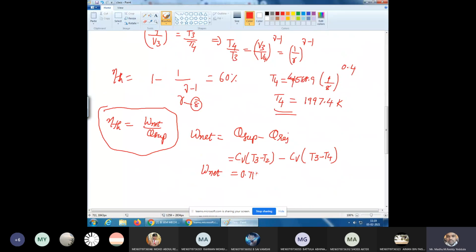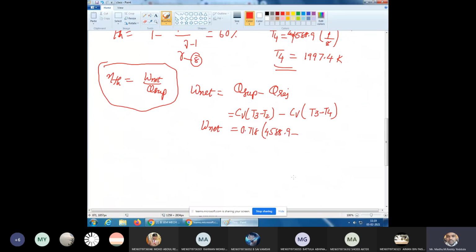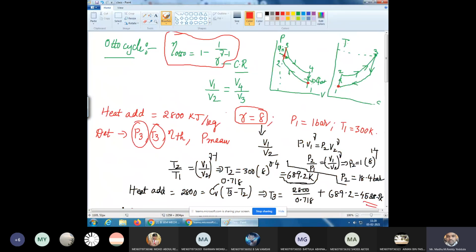Cv value 0.718 into T3. T3 value is 4588.9 minus T2. T2 value is 689.2. This is heat supplied, minus 0.718 into, sorry, heat rejected from 4 to 1, right? Heat rejected is 4 to 1.